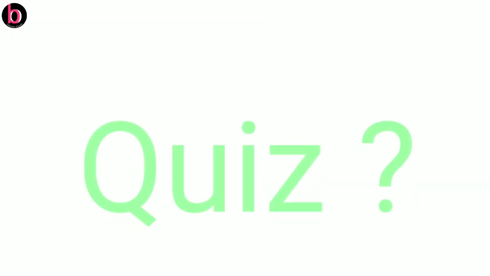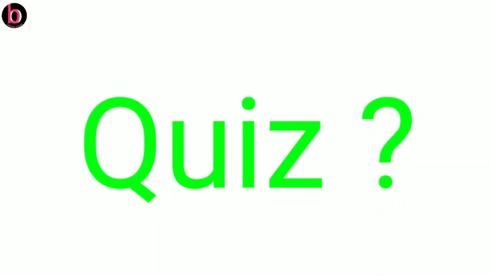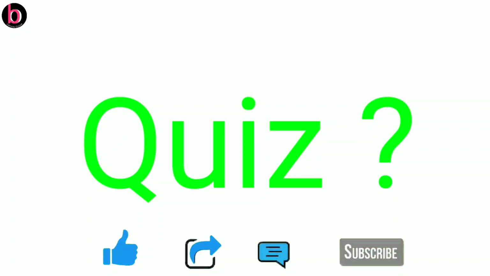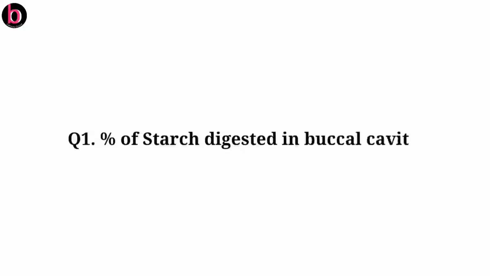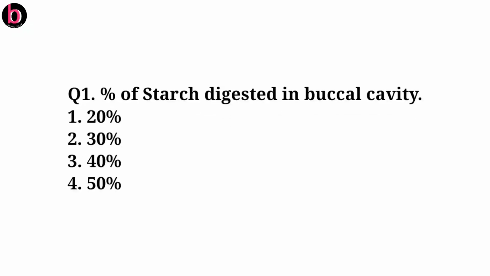Now about the MCQs related to this video, which will help a little to boost the knowledge you gained from this video lecture. Just post your answers in the comment section. Question number 1: the percentage of starch digested in the buccal cavity: 20%, 30%, 40%, 50%.